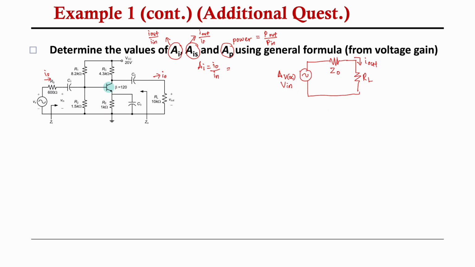We are no longer using gm v pi and r naught because we have already calculated their relation with the input. We calculated the gain earlier when we calculated AVOC, which is the output source divided by the input source.